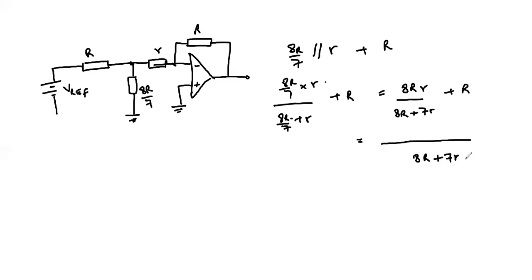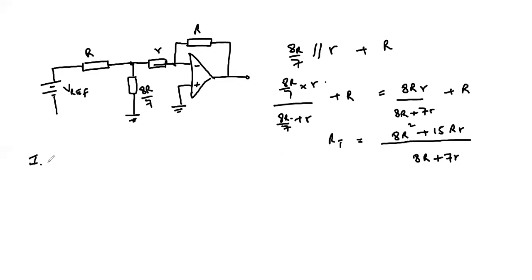Then the product here will give us 8R squared plus 15Rr. This is our total resistance in the network.